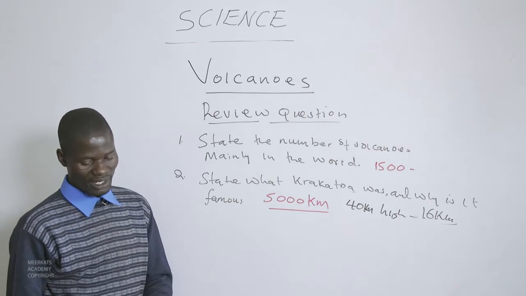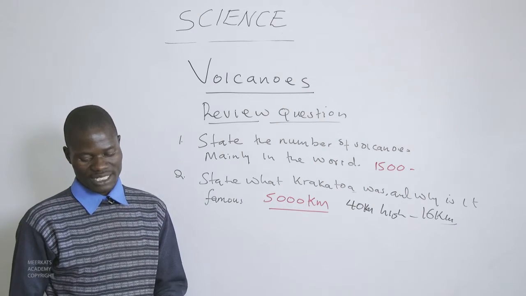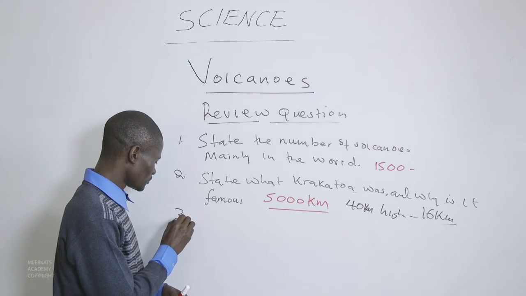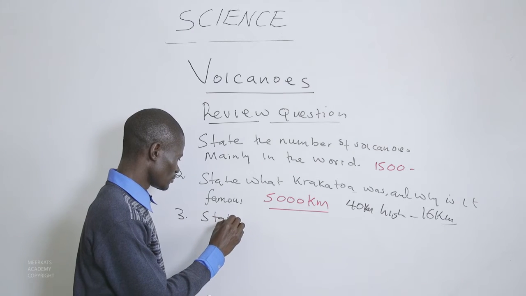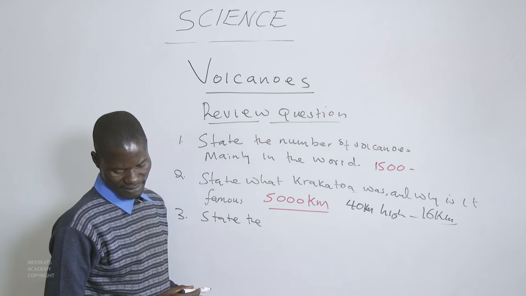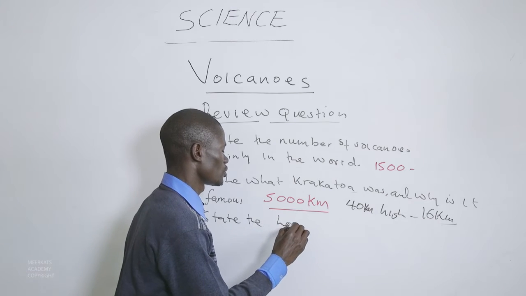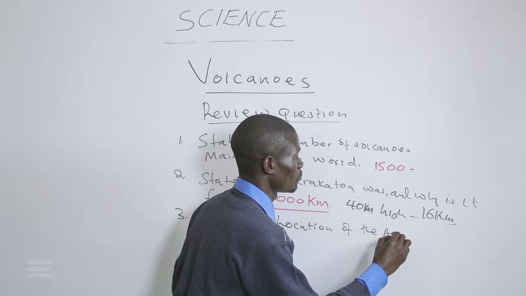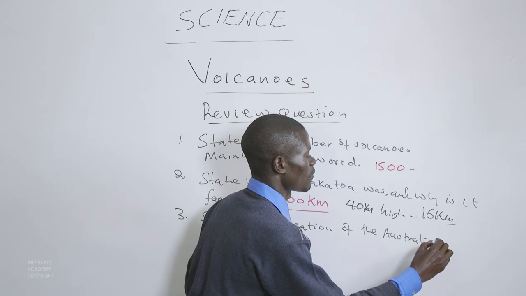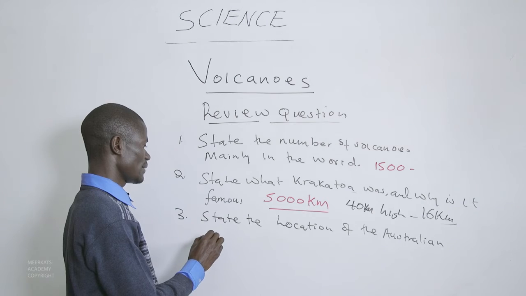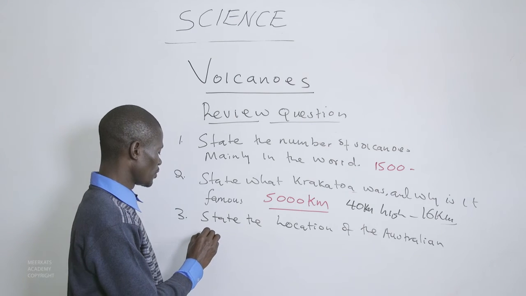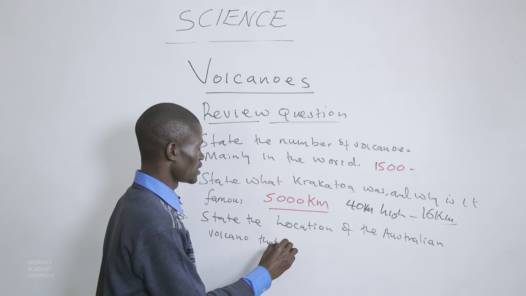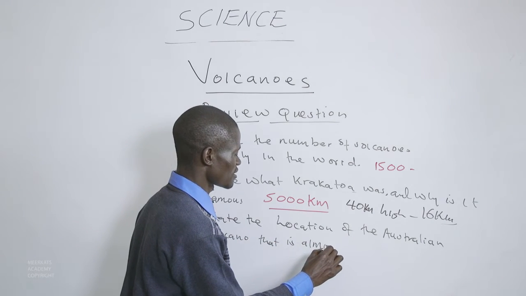Question 3 says, state the location of the Australian volcano that is almost extinct.